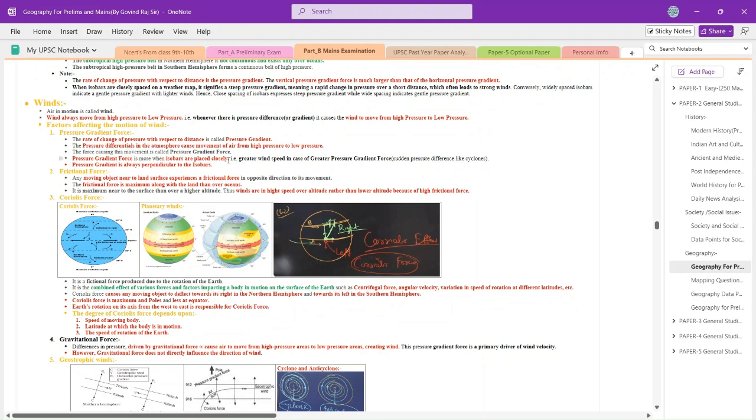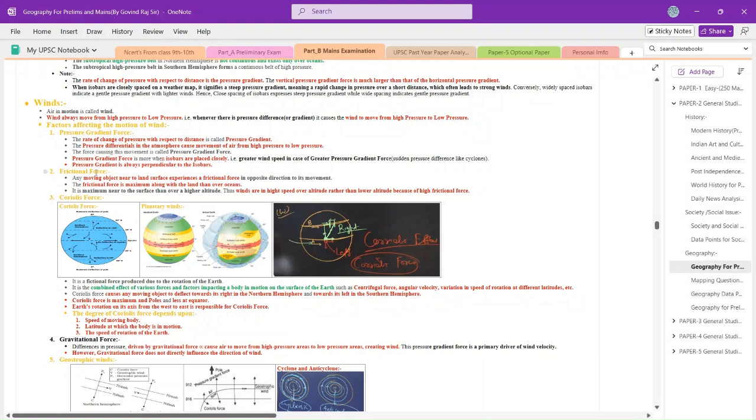It means that in the earth's atmosphere, if there is a little distance between one isobar and the next isobar, there is a very high variation of pressure in a very little distance between the isobars. Simple way you can say that. If there is a very large distance, it means there is very little variation of pressure from one isobar to the next.